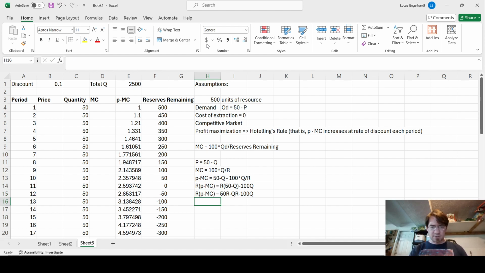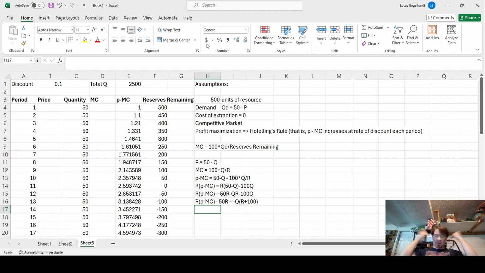Move that 50R to the other side. So we've got R times P minus MC minus 50R equals, and this would be negative Q times R plus 100. Okay, and then this is enough.